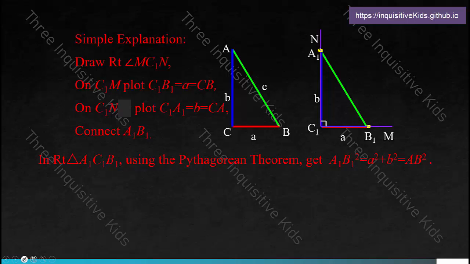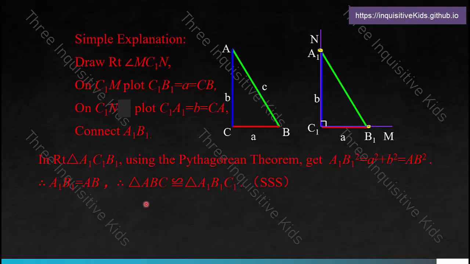So in right triangle A1C1B1, using the Pythagorean theorem, we can get that A1B1 squared is equal to a squared plus b squared, which is also equal to c squared, which is AB squared. So A1B1 equals AB.